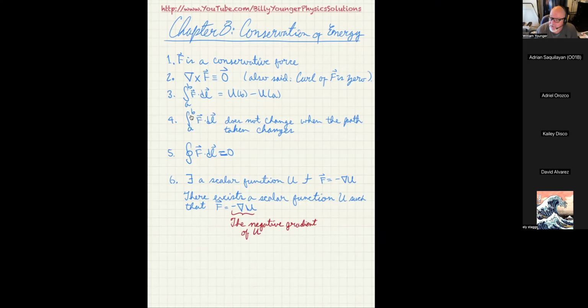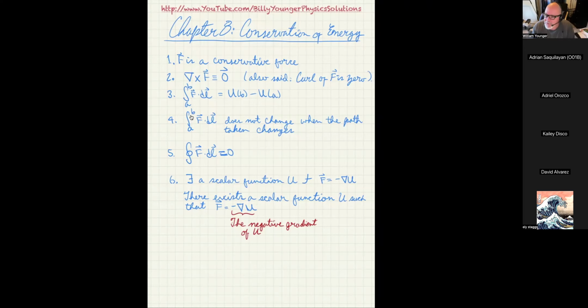And it's actually the fundamental idea behind these conservative forces. So conservative forces can be thought of as forces that conserve energy, but they can also be thought of as forces whose curl is zero, or forces such that any closed integral is going to be zero, or forces such that the work done by this force along any path is independent of the path and only depends on the initial and final positions, all that good stuff.